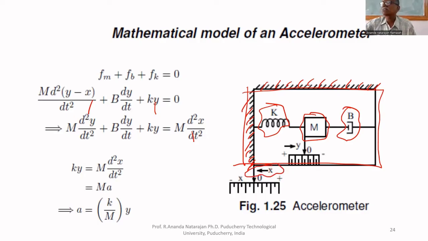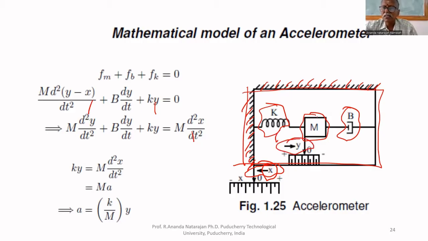Its displacement is x. It is attached to, let us assume, a car. The displacement of that car is x. Now we have to find the acceleration of that car. The acceleration of the car can be found from this y.